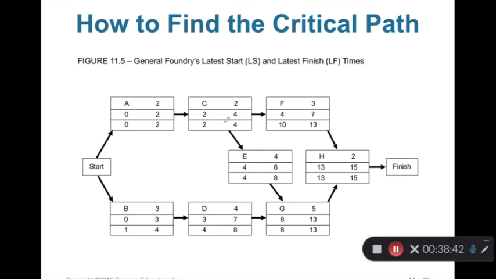This is impossible because we have to complete activity C and then we can start activity E. That's why we choose the minimum LS among immediate followers. So this is 4. 4 minus 2 is 2. A has only one follower, so that's 2. 2 minus 2 is 0. We call this the backward pass or backward process.